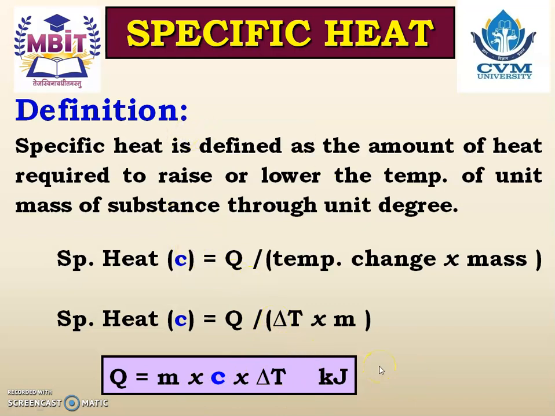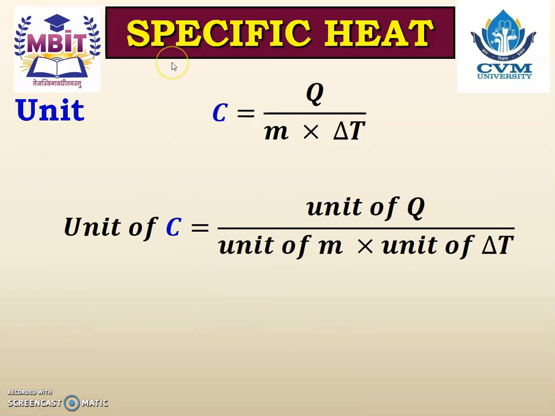Now, what is the unit of specific heat? So let us find out the unit of specific heat. Specific heat C is equal to Q divided by M into delta T. So unit of C is equal to unit of Q divided by unit of M multiplied by unit of delta T. Now what is the unit of Q?